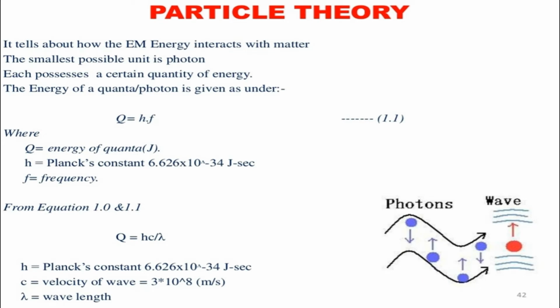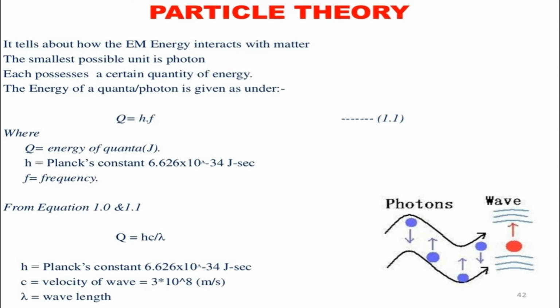Now, as per the particle theory, the electromagnetic energy interacts with matter. The smallest possible unit is the photon. Each possesses a certain quantity of energy. The energy of quanta per photon is given as Q equals H into F. Q is the energy of quanta, denoted in joules.